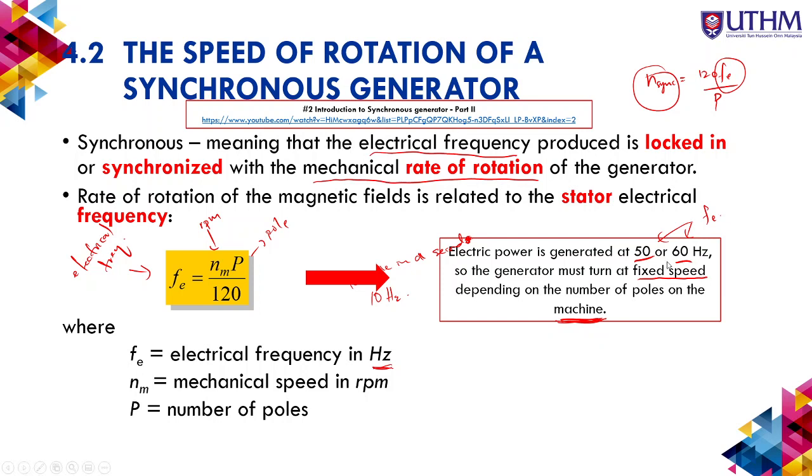So for example, if we have two poles and we want to generate 60 hertz, what is the Nm? Can you calculate?